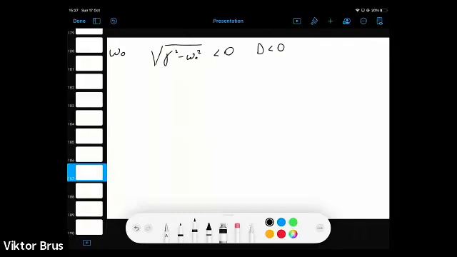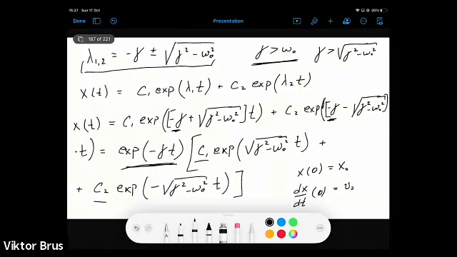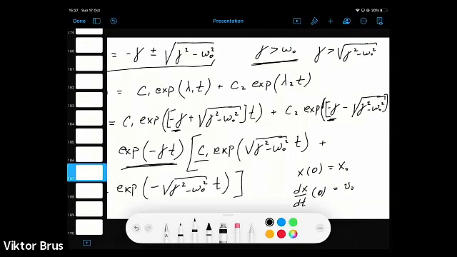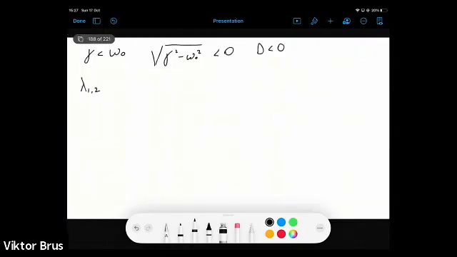and it means that our solution for the characteristic equation, lambda 1, 2, how it was, minus gamma plus minus square root gamma square minus omega naught square, will be exponential solution.